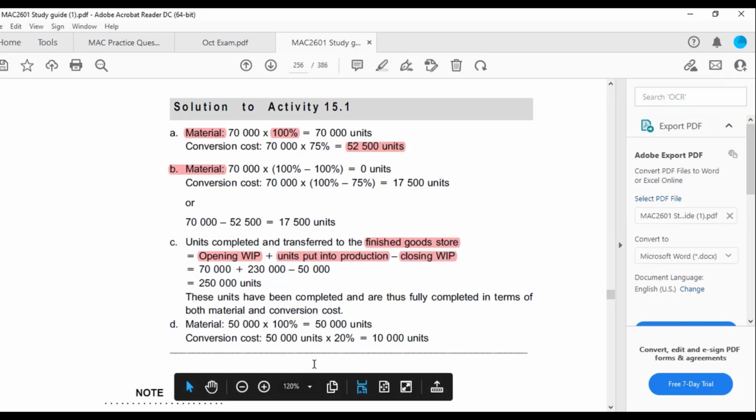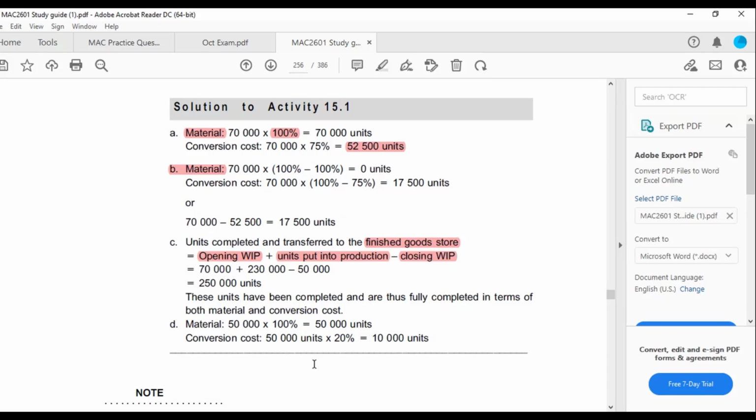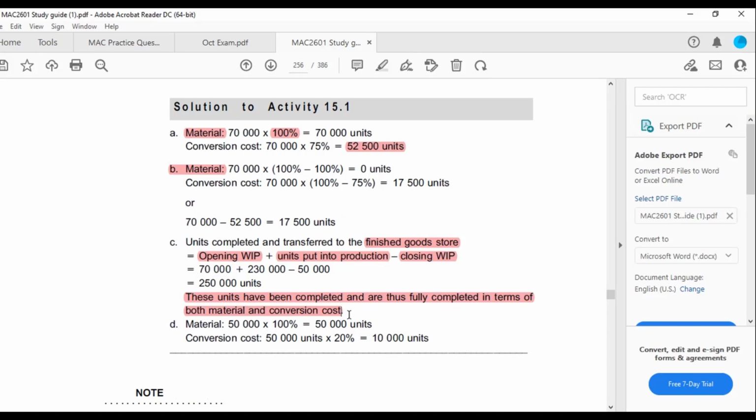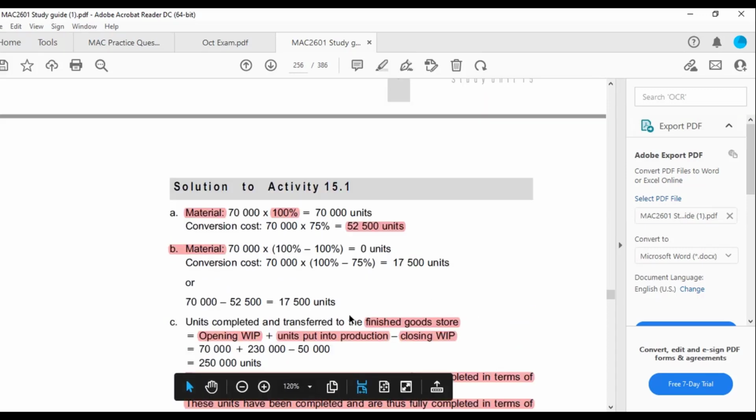These are the units that are completed and thus fully completed in terms of both material and conversion cost. So these are 100% done. Very important: when you're doing units completed, it needs to be 100% done for both material and conversion.